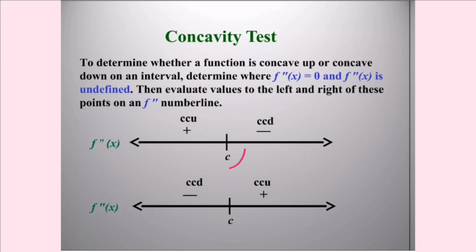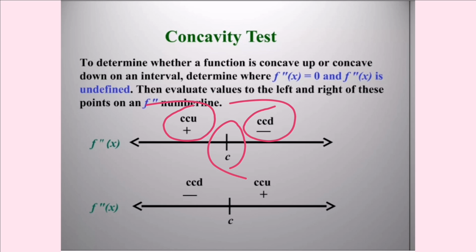For example, C is the point where the second derivative is equal to 0 or undefined. So to the left the function is concave up and to the right side the function is concave down. So this is the inflection point.